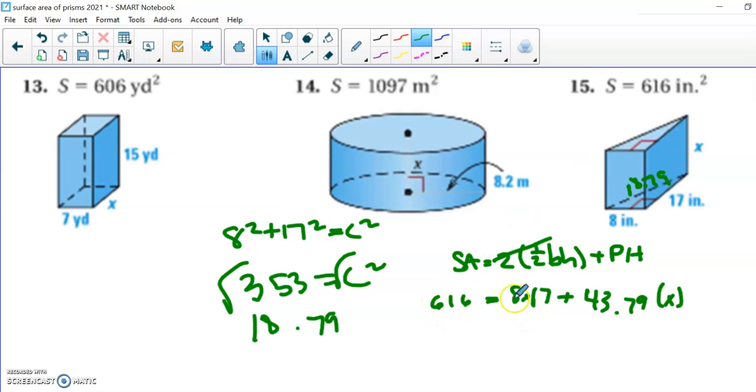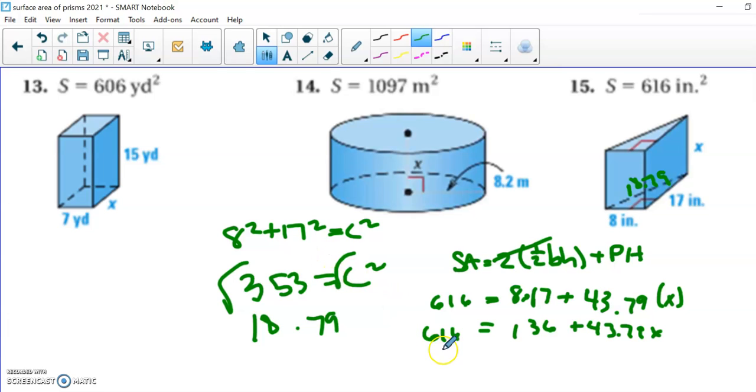All right, I'm going to multiply 8 times 17, simplify a little bit here. That gives us 136 plus 43.79x equals 616. Let's go ahead and subtract that 136. Don't be tempted to combine those two together because that one has an x. They're not like terms. So I'm going to take 616 minus 136.